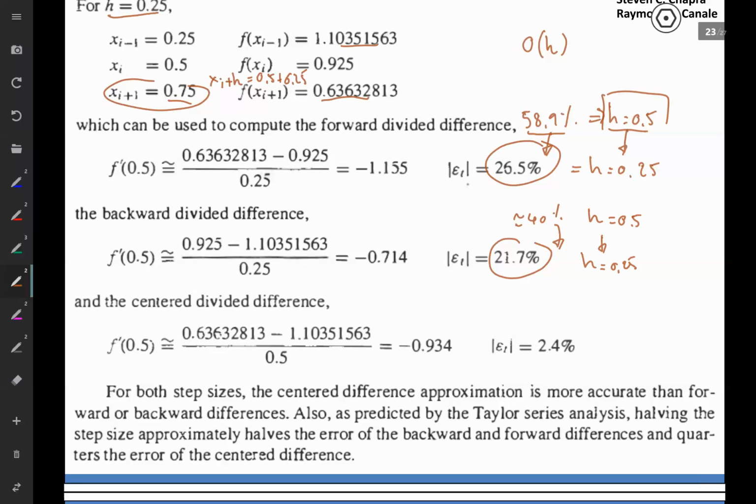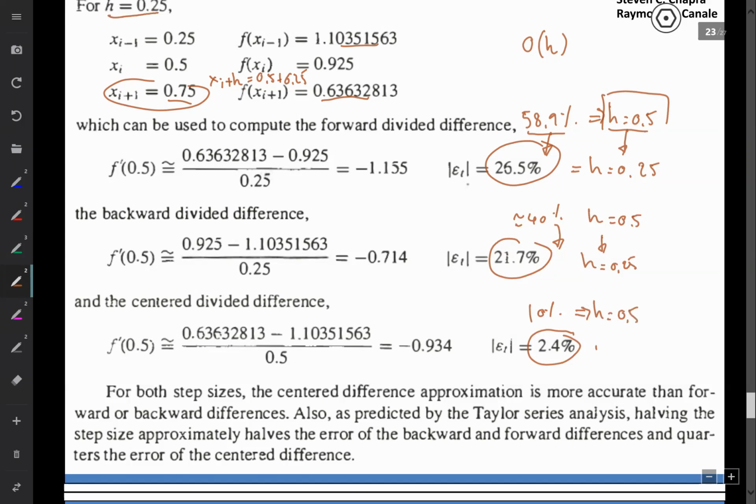And if we apply the central difference, we will see that the error is reduced to 2.4%. From what? From approximately 10%, right? With h equal to 0.5. But now h is equal to 0.25. It's reduced to a half. But we know that for the central difference, the error is of the order of O(h²), right?